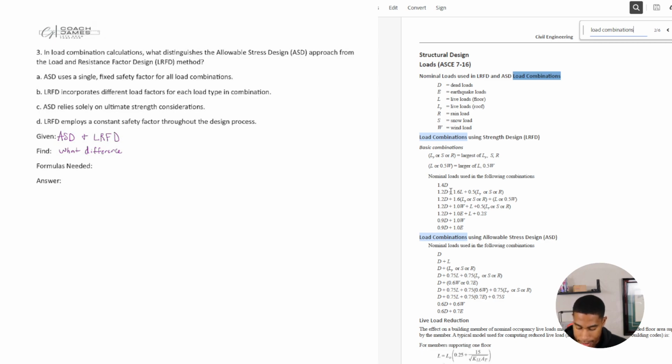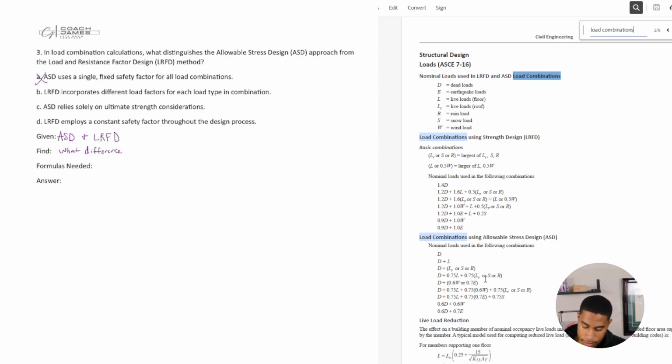So the first option: the ASD uses a single fixed safety factor for all load combinations. Do they? No, they use some different ones. I don't think that's even true.